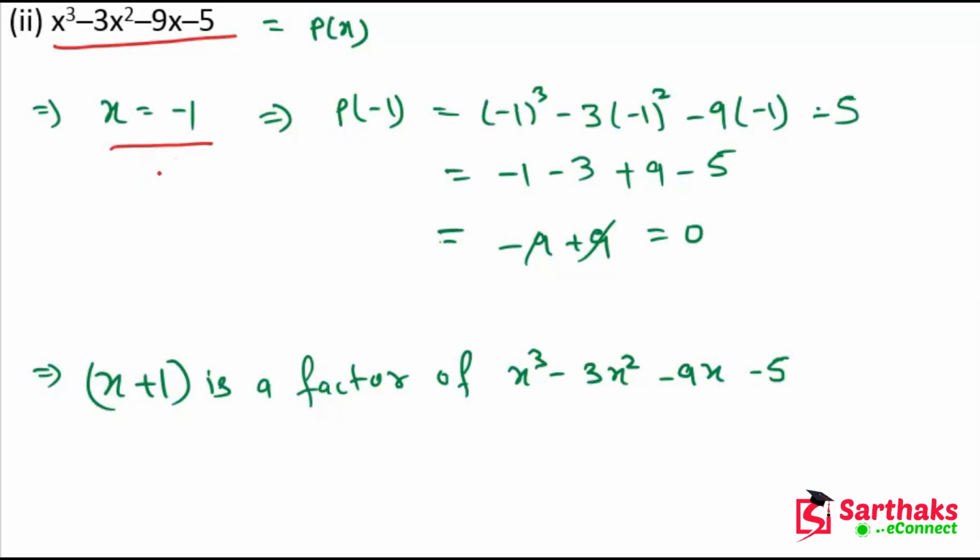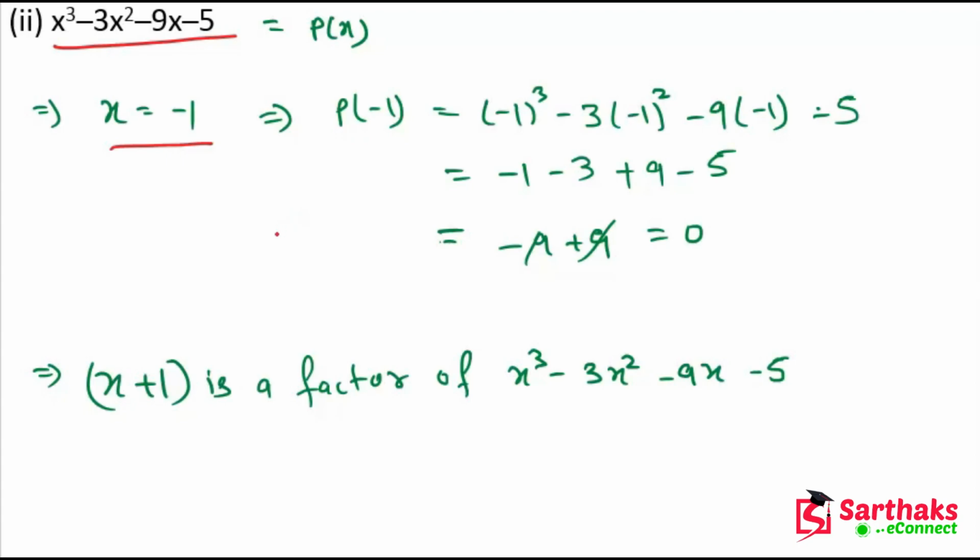After putting x equals 1, if we get 0, then it is okay. If we do not get 0, then we have to put the value of 2. As the number changes, we have to increase the value. If after putting the values we do not get 0, we have to change the value. We can put the value of 5 also, and after putting 5, we can get 0.